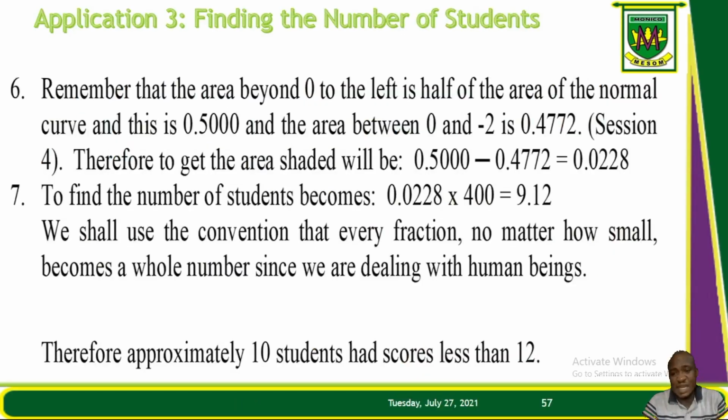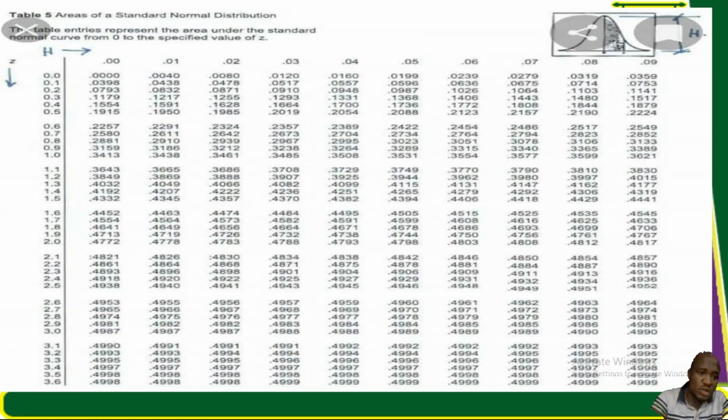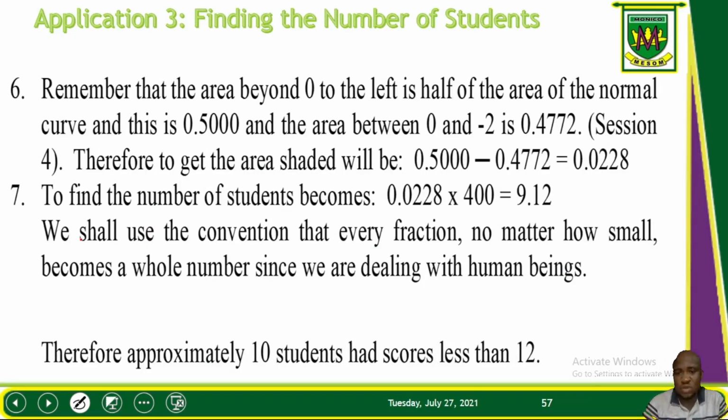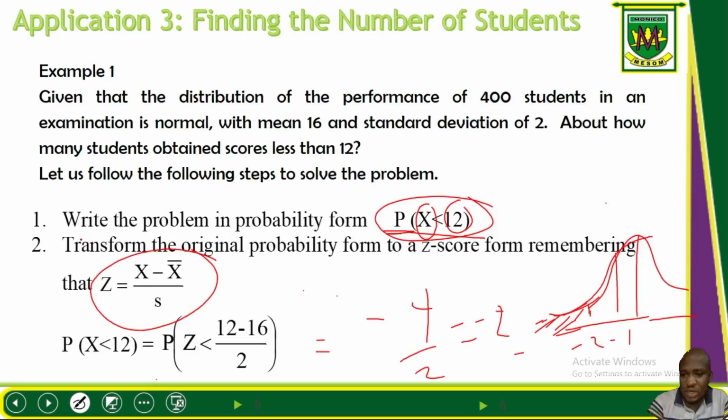But remember I said with our table we don't have -2, so you will still use the 2. And searching for 2, we are going to get the 2 under the title 0.00, since it is in one decimal place. So the 2 will be 0.4772.